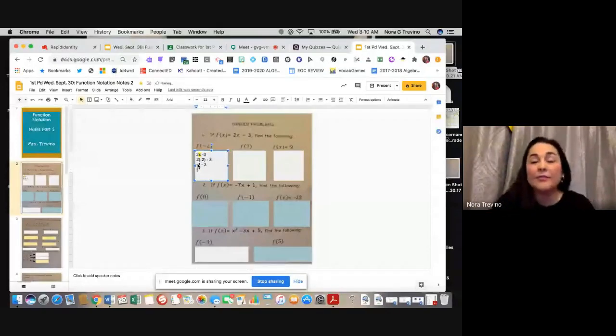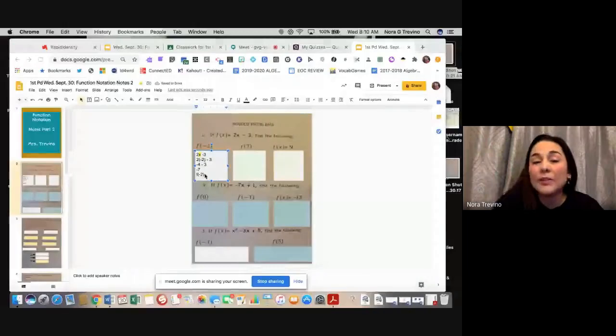So how do we write our answers fancy? Okay. We write them like this. We just found f of -2. That means we took the function called f, we input the value -2, and we got the answer -7. That's how they're going to write it, okay?